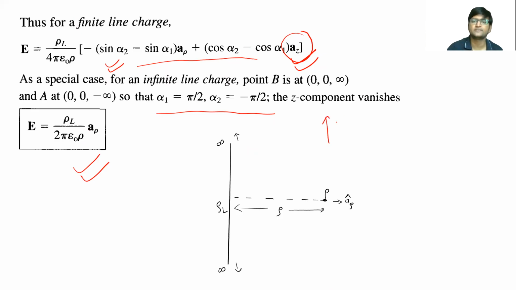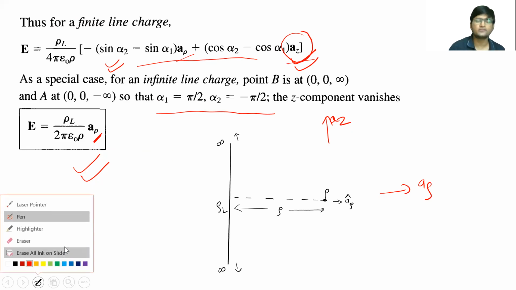This is the z direction, and this is the rho direction. Let me call it a rho, and let me call this az. So in the earlier expression, there were components of a rho and az both. But in this case, there is only a component of a rho. The component of az has vanished. So can you tell me why?